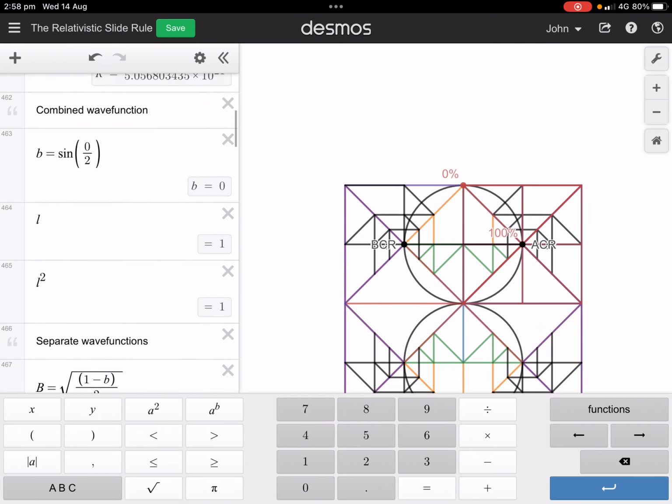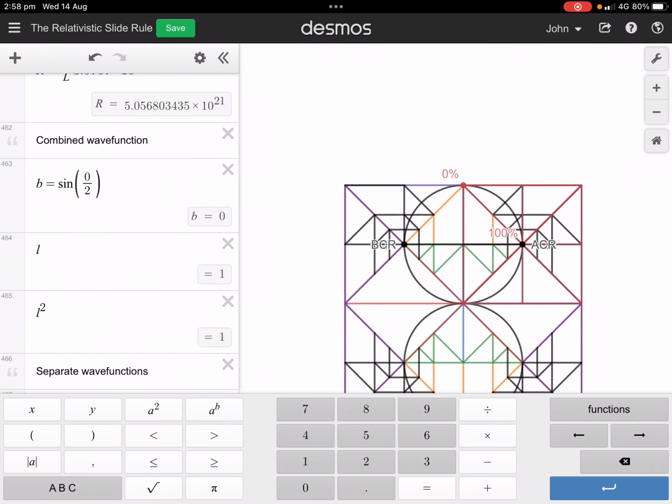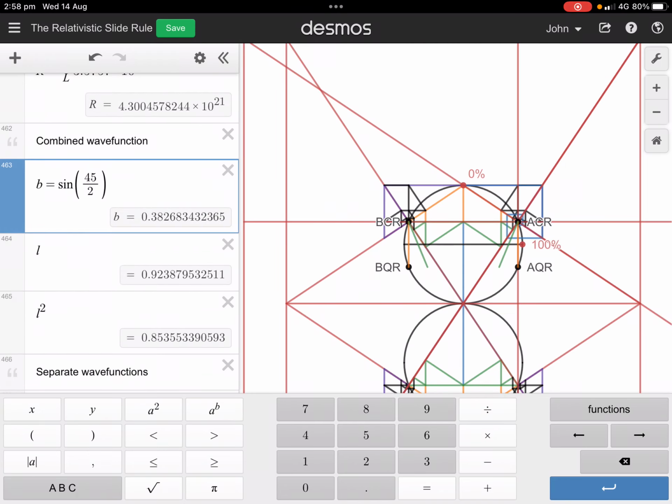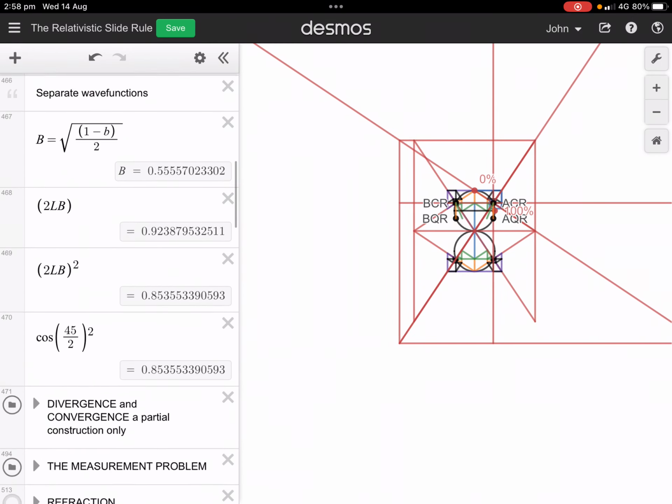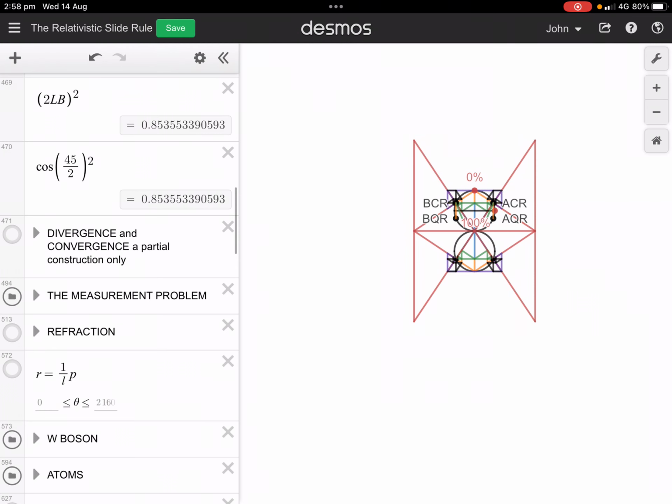Okay. Now let's say that they've each got a single wave function, and they're going to measure at a 45-degree angle. Just get rid of that.